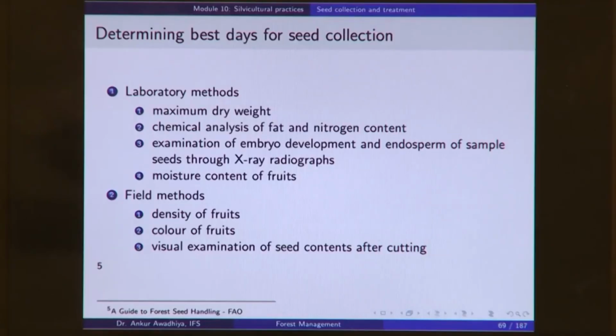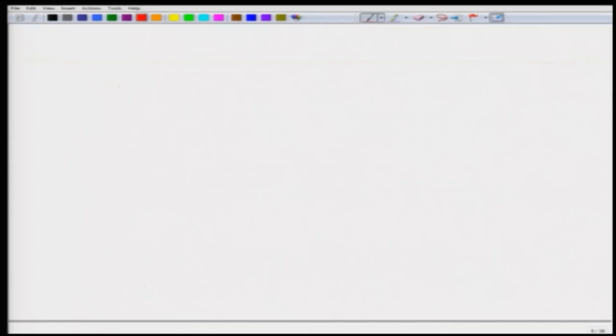Now, when we are doing seed collection, there are a few things to be kept in mind. The first one is, when do you collect the seed? We have seen before that for a number of species we have different seed years. Now, what is a seed year? A seed year is that year in which the plants give out a large number of seeds.